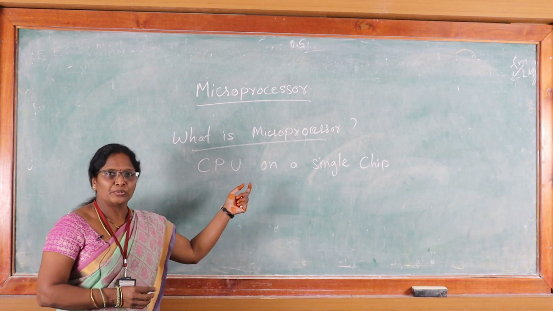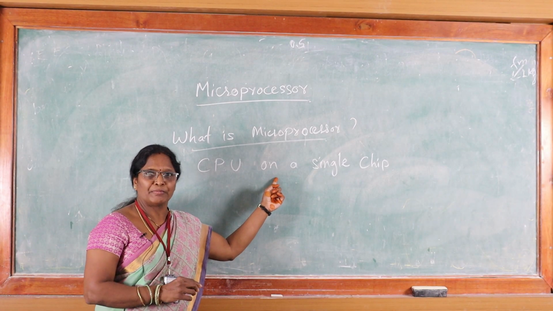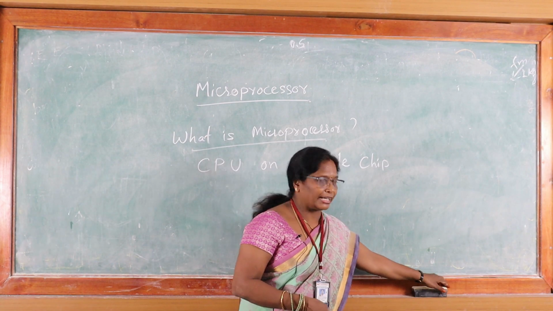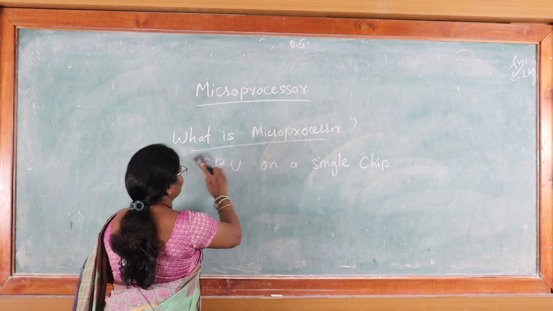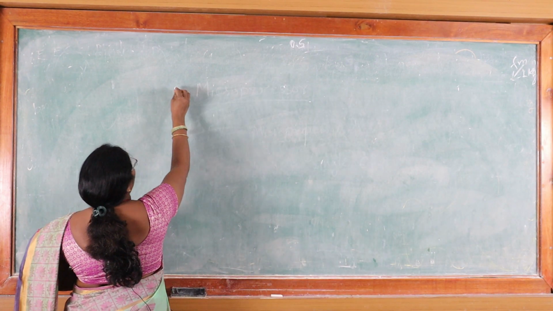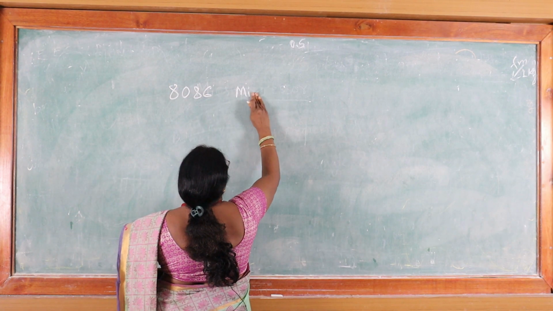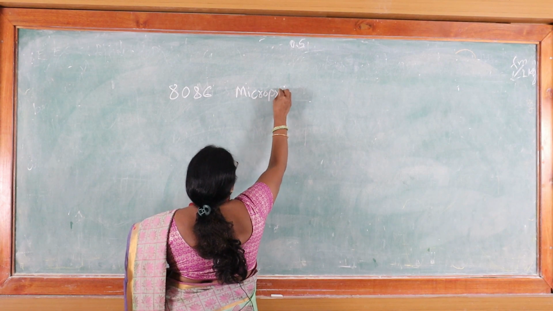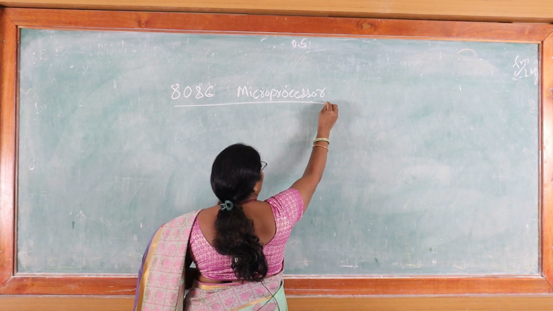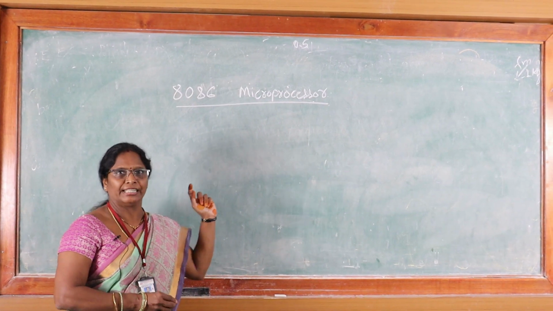That is, the CPU is mounted on a single integrated circuit. So today I'll discuss about the 8086 microprocessor. Let's briefly discuss about the features of 8086.